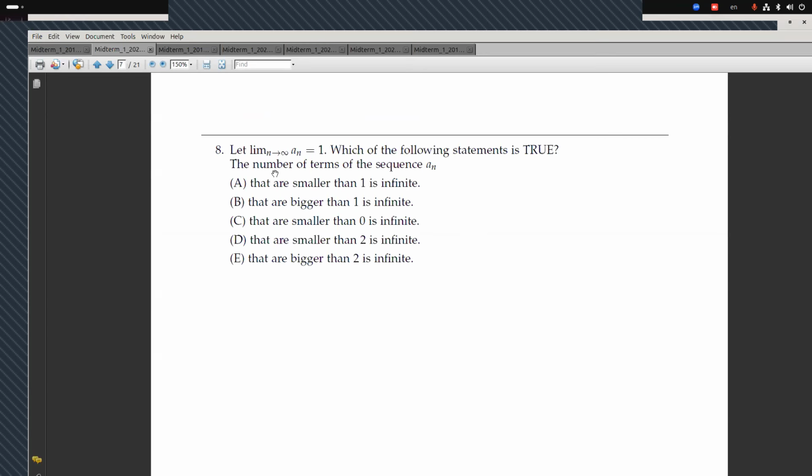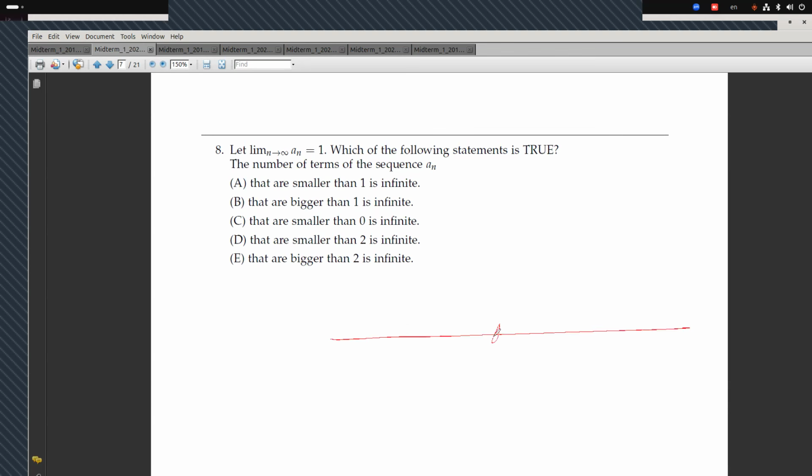The limit of sequence an is 1. Which of the following statements is true? The number of terms of sequence an that are smaller than 1 is infinity. Can we say it is true? If sequence an tends to 1, can we say that the number of terms of an that are smaller than 1 is infinity?